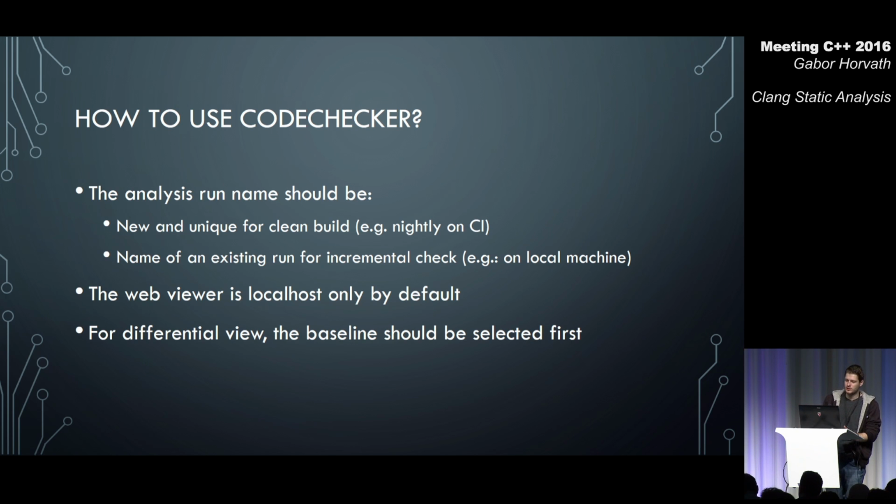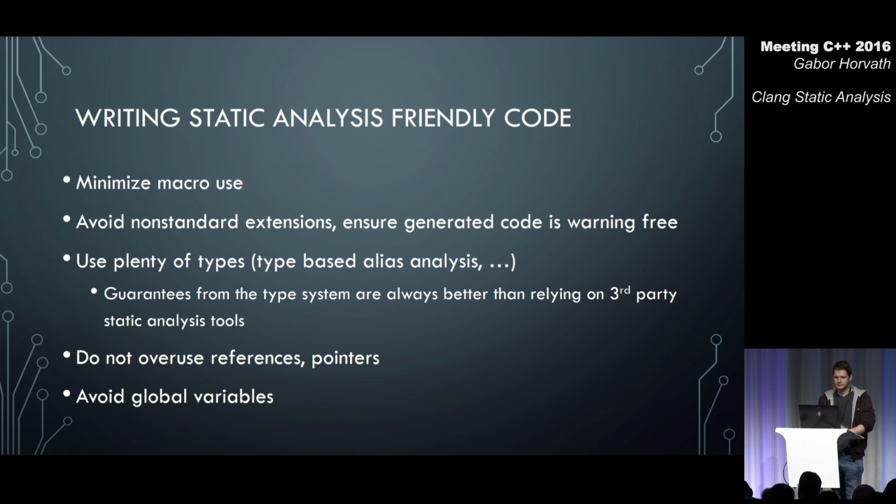So in case you want to run this web server on the CI machine or something like that, then you need to pass an extra flag to enable remote clients to connect to the server. And for baseline view, for differential view, you should select the baseline first.